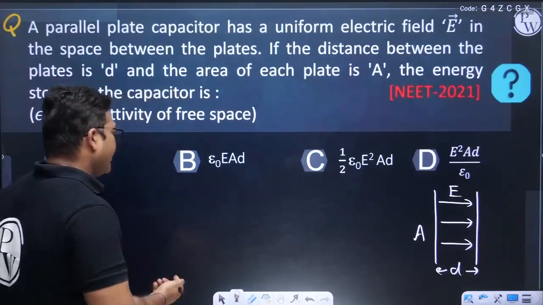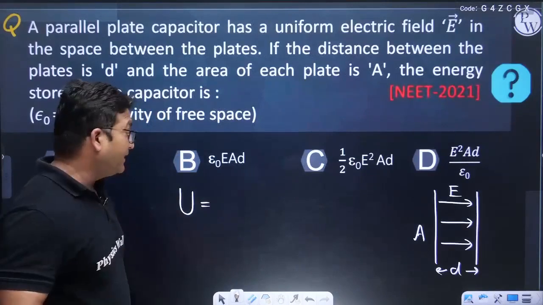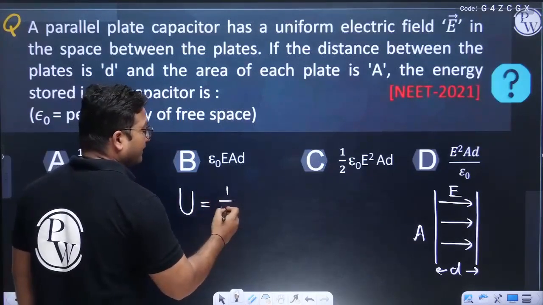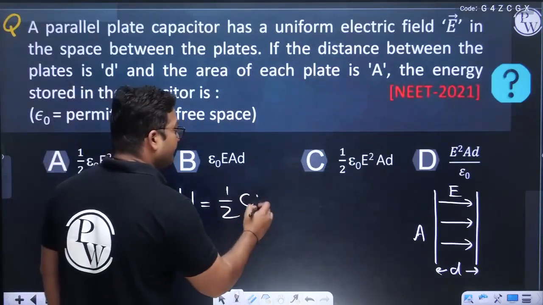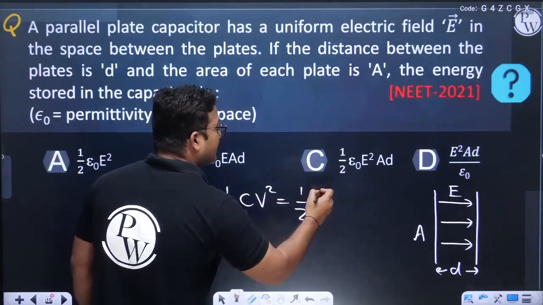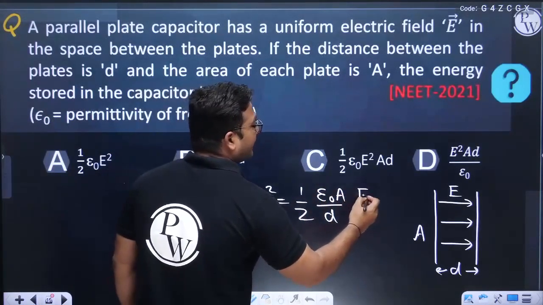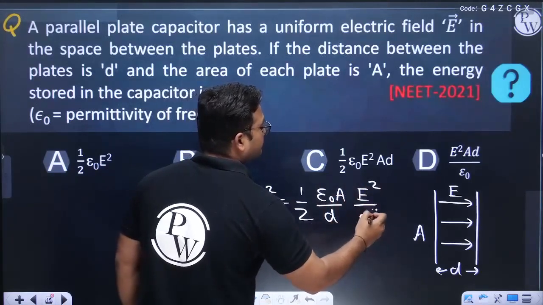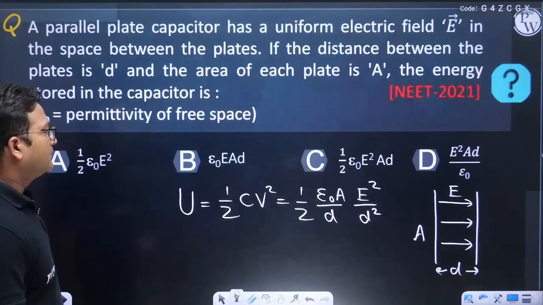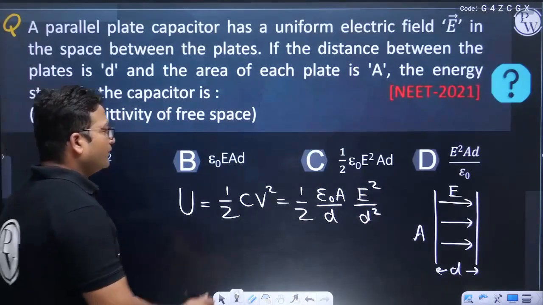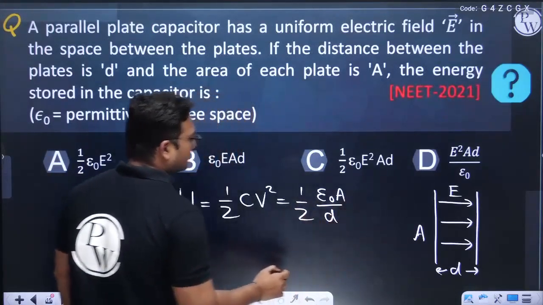Let me use the formula for energy stored, since they are not asking about energy density. They are asking what is the energy stored. Let me write half CV square, remember half CV square. But you can write C as epsilon naught A by D. And V square as electric field square upon D square. No, V is not electric field square upon D square, actually I've written it wrong.